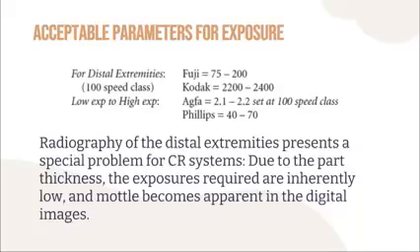So there is an exception for distal extremities since they are bony, they require an increase in kVp. Therefore, the speed class we use is the 100 speed class rather than 200 for both CR and DR.